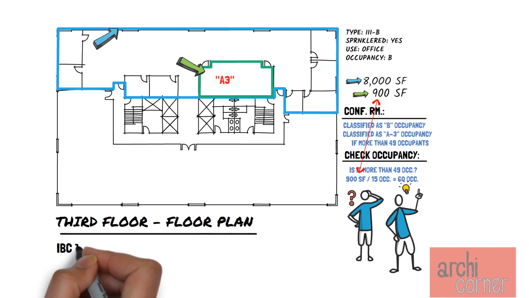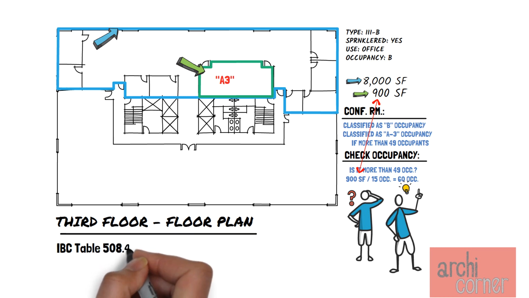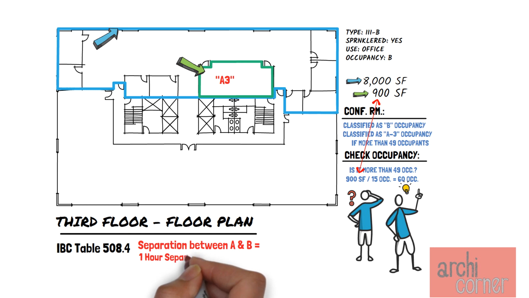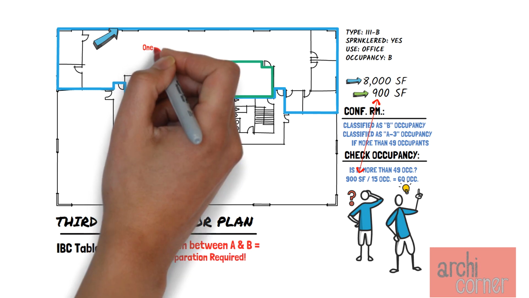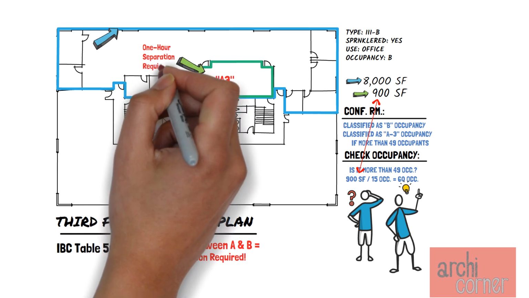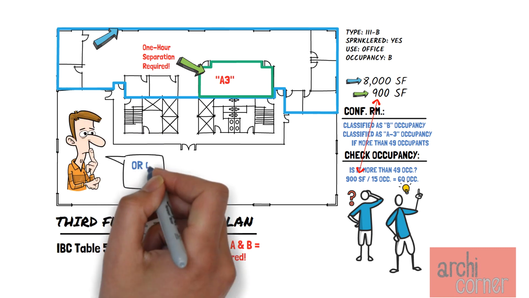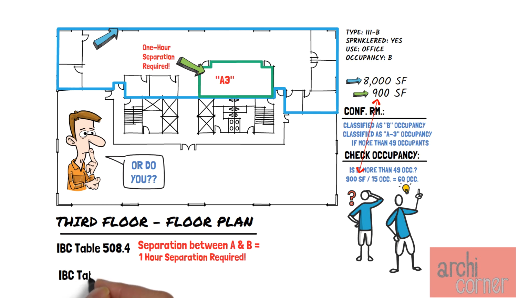If we look at Table IBC 508.4, we find out that there is a requirement for 1-hour separations between B and A occupancies. And if you look at the table and stop there, you would assume that you have to provide the separation, but there are exceptions.